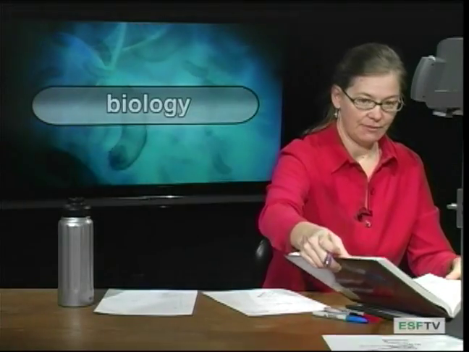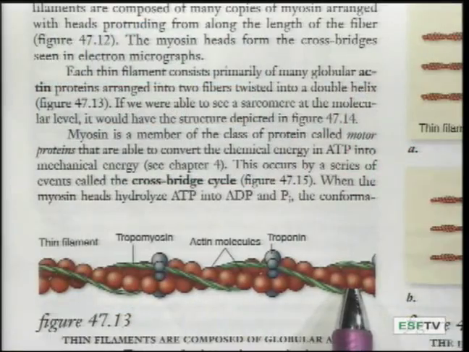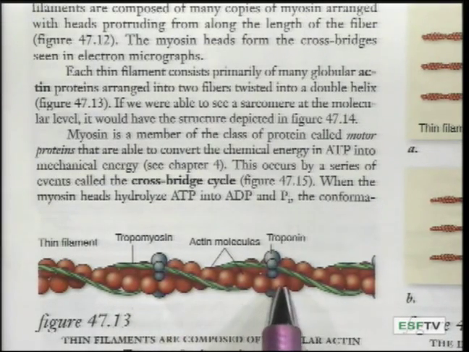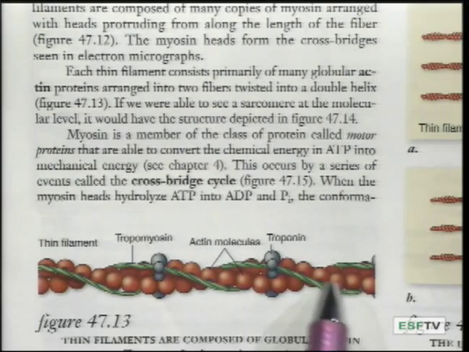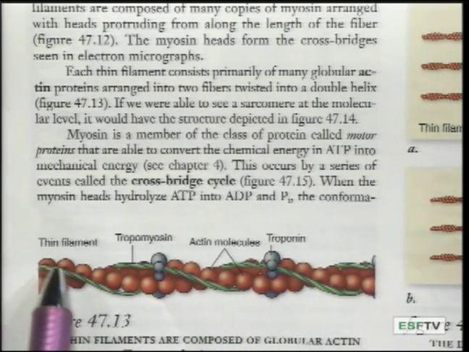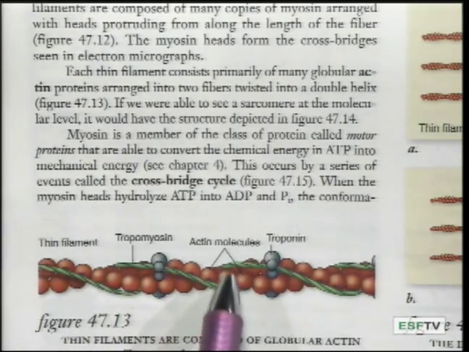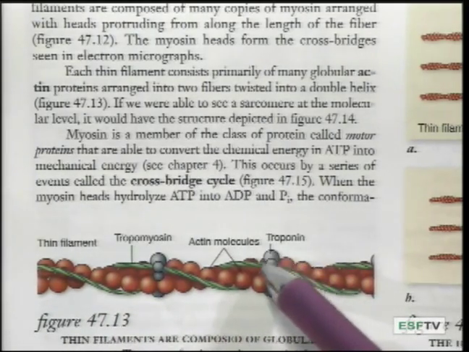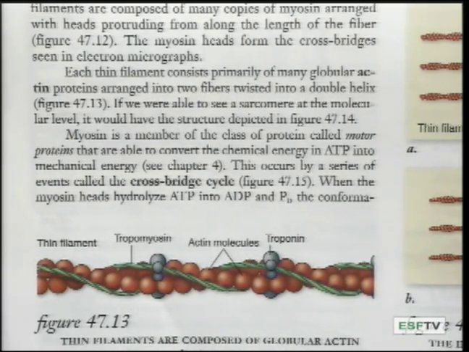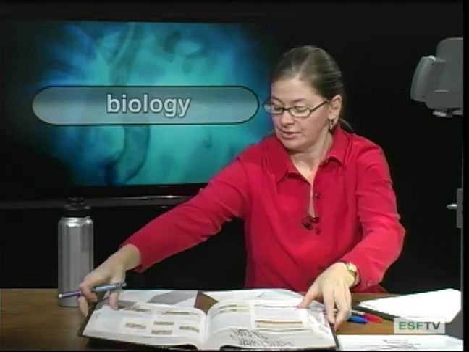And at the bottom of the page here is the actin molecule. Okay, so you've got these actin molecules that are strung together like two rows of beads, and you have these tropomyosin bands that wind around, and they're held attached to the actin molecules with this troponin. All right, so that's the basic structure within the muscle.